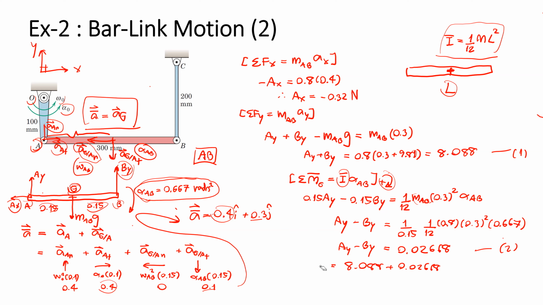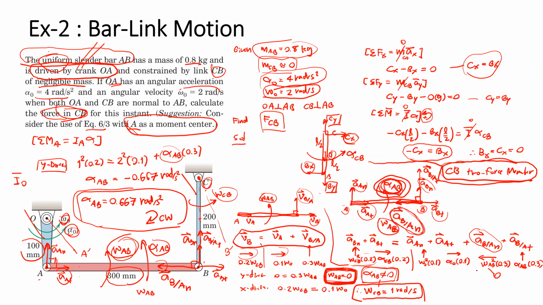Okay, so equation 1 subtract equation 2. We have 2 BY equal to this. So BY is 4 Newton. BY is 4 Newton.